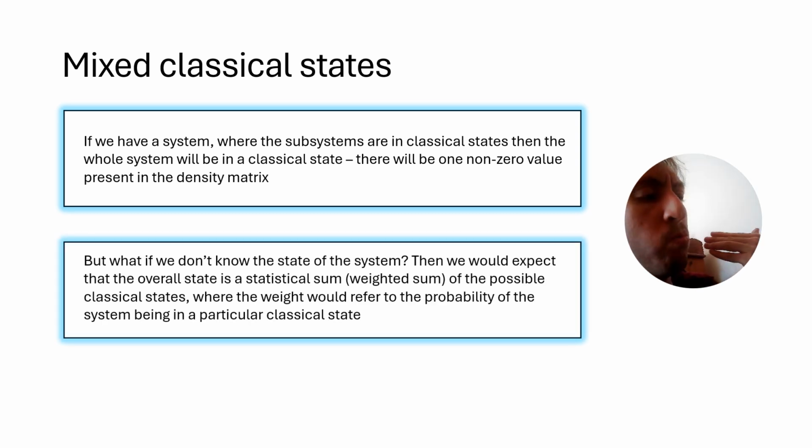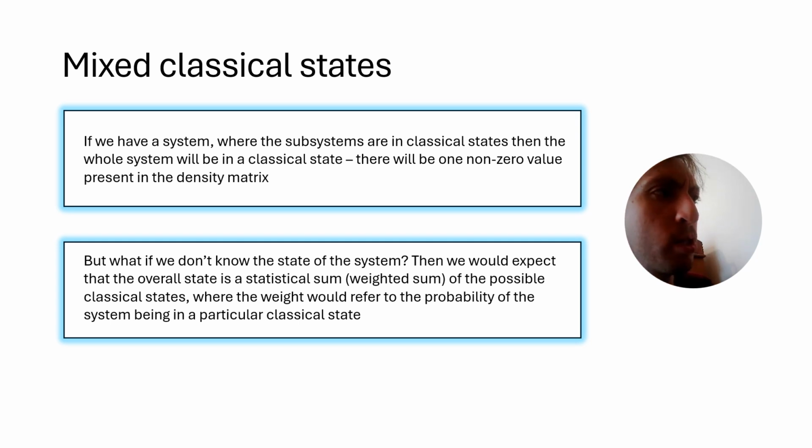The way you calculate a mixed state is, as you might guess, by adding the possible classical states together, but weighting them by the probability of finding the system in that particular classical state. Formally, it boils down to the fact that the average value we measure for an observable should be the statistical average of the possible values weighted by probability.